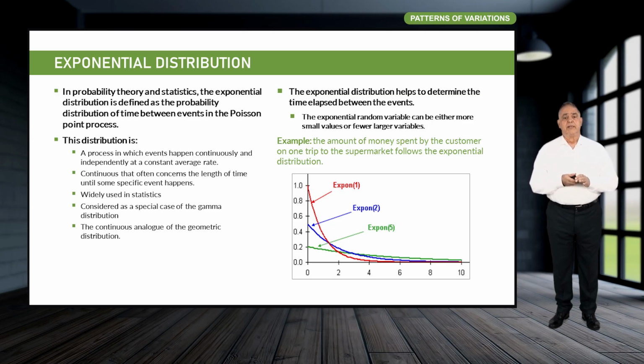Example, the amount of money spent by a customer on one trip to the supermarket follows the exponential distribution. And again, we see that based on the key parameter value, the exponential distribution assumes different shapes.